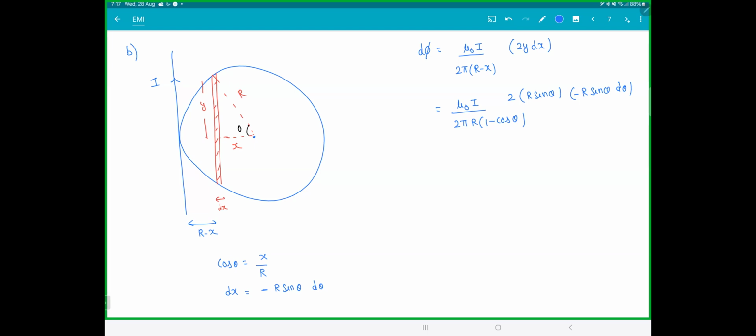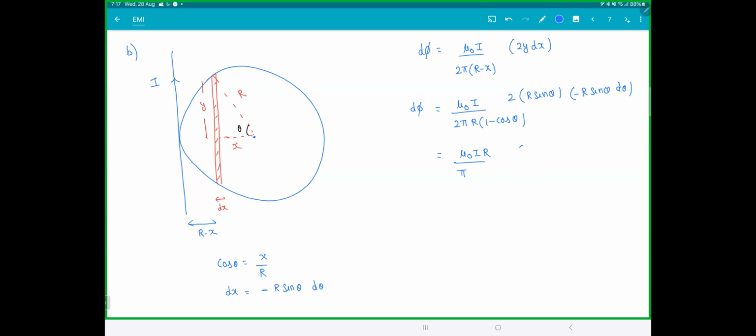Two will cancel. One r will cancel. I by 2 will cancel. Pi, one r is also gone. So you get mu naught I r by pi. That would be sine square theta d theta by 1 minus cos theta.